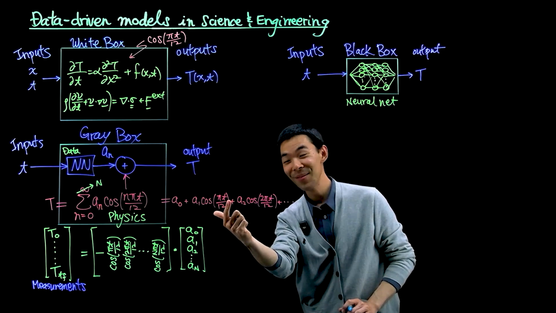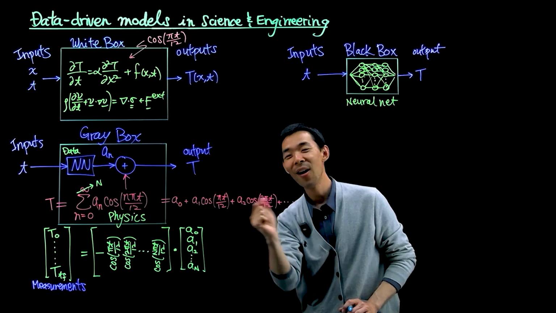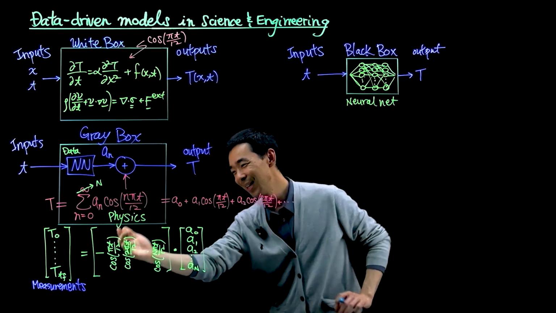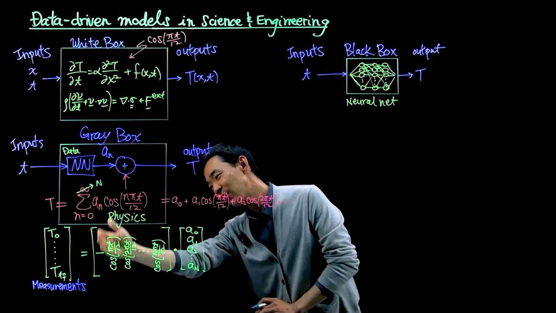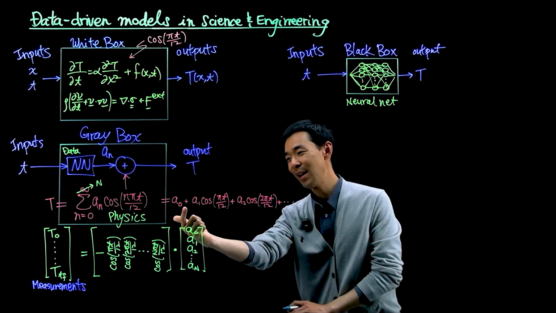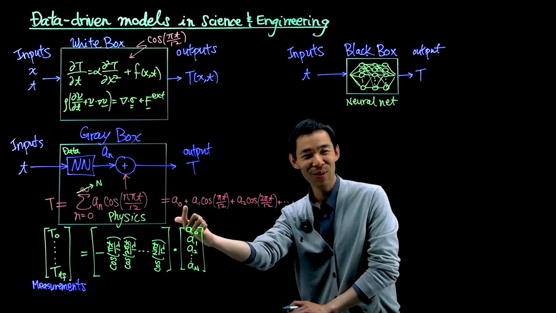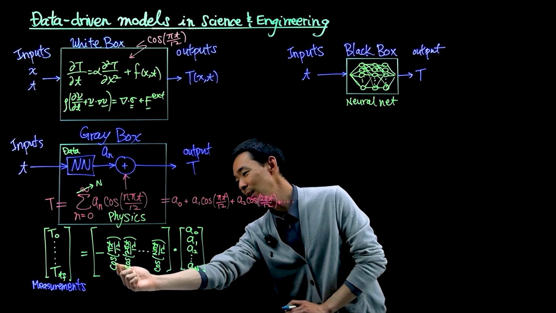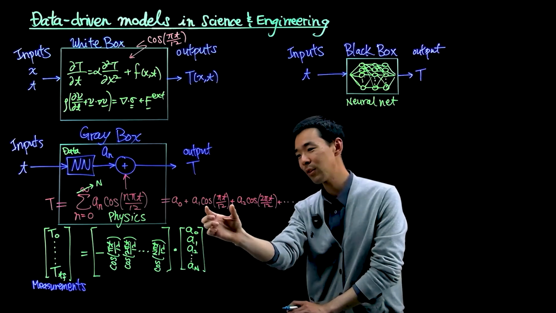It's a vector that runs from 0 time all the way to time tf, which is the last measurement at 24 hours. And so it's going to have 1 along the first column because this has a 1. The cosine of the 0th mode is just 1. The second column is going to have cosine pi t divided by 12.